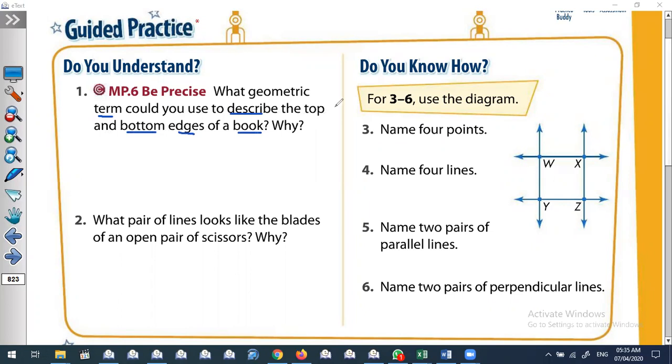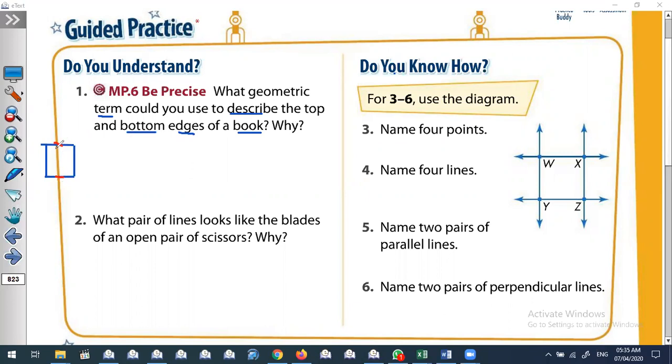If we have a book like that, for example, this is our book. He needs to know what is the relation between the top and bottom edge, like this one and this one.